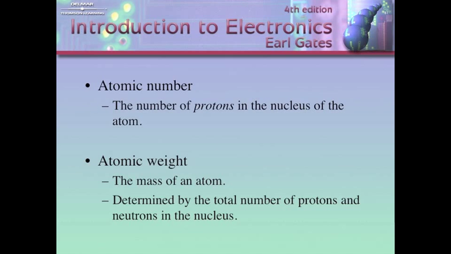Any questions on that? It could be the difference of a couple numbers. Typically, let's say there's 7 protons, there may be 7 neutrons or 8 neutrons. So the atomic weight is not always double the number. It could be double or a few more than double. But this actually shows the mass of an atom, the weight, whereas the atomic number is just simply counting up the number of protons. Very simple.